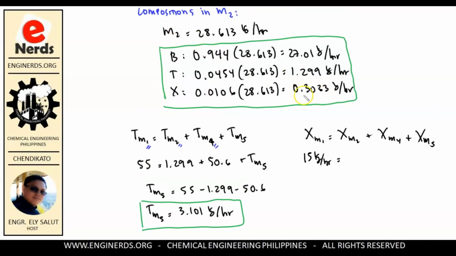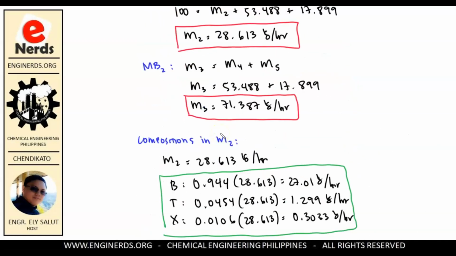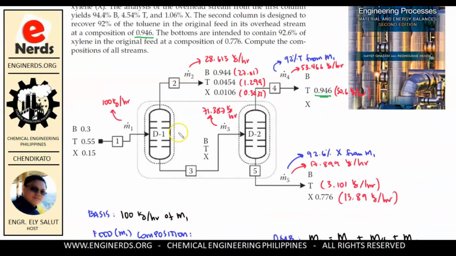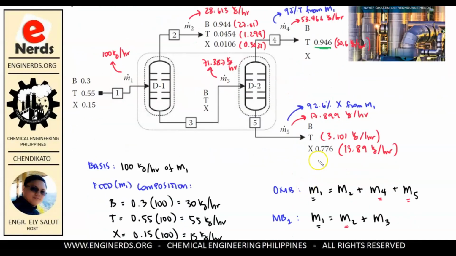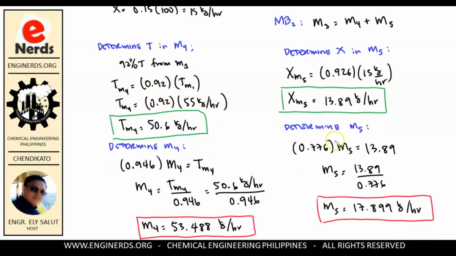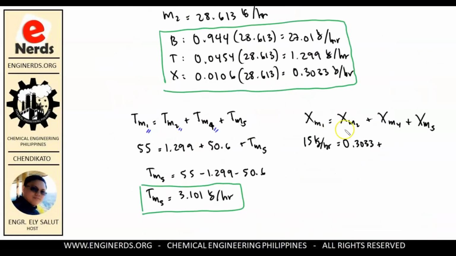Dito siya, 0.3033 plus our silane in M4. Our silane in M4, okay, we don't know. Yan ang hinahanap natin. Now, we need to get the silane in M5, which is 13.89. So, ito yun. Okay, so, X M4 plus 13.89.